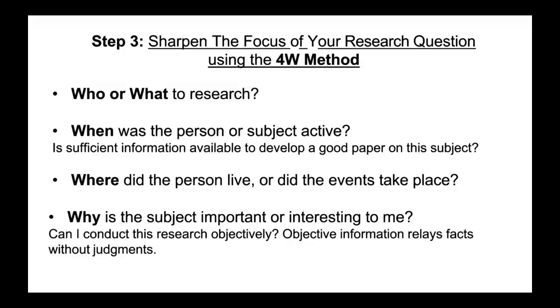Is there sufficient information available to develop a good paper on this subject? You have to think of the relevance, how new it is, or if there's enough information on it. That's something else you can think about in regards to the when.